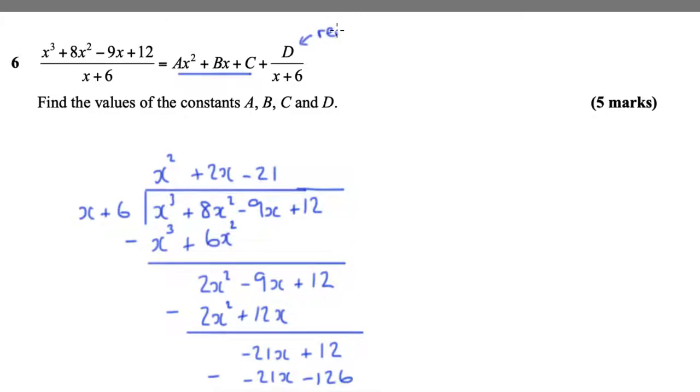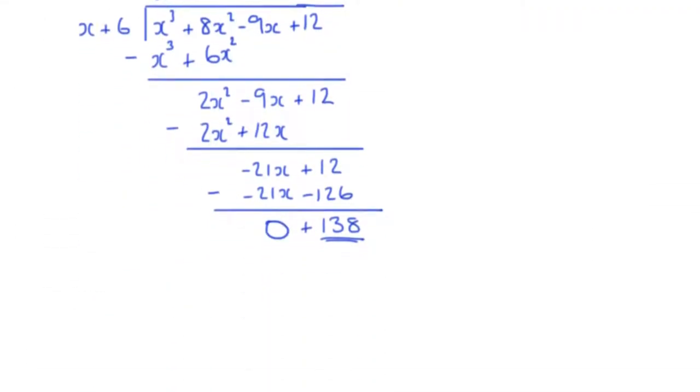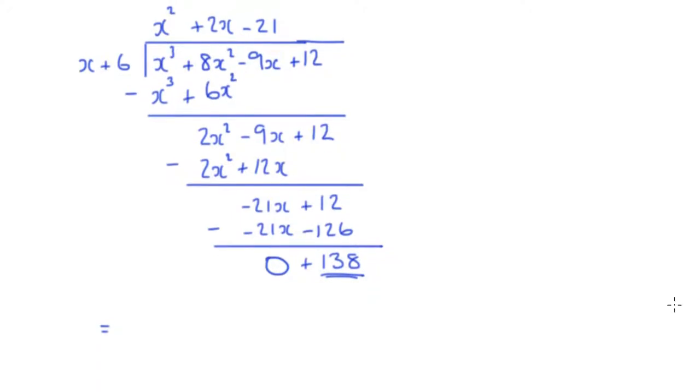So you will always have the remainder here, and this will be the quotient. That is always how your answer looks. So we know that we will have x squared plus 2x take 21 plus 138 over x plus 6.